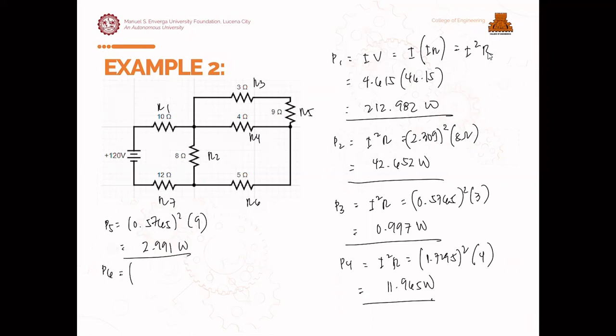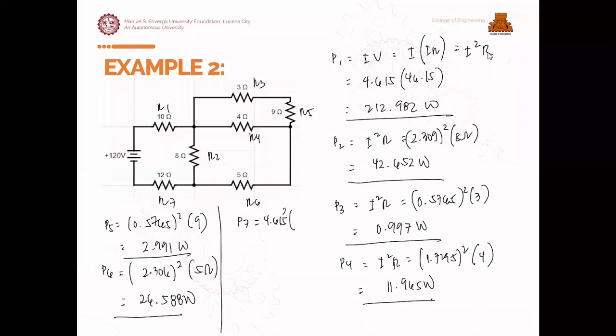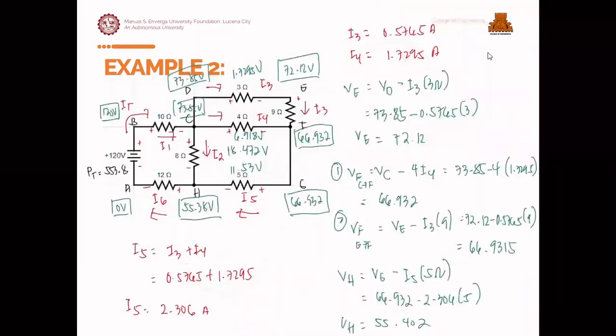P6 will be yung 0.5765 plus yung sa R4. So 2.306 squared times 5 ohms. We have 26.588 watts. Then P7 we have same value ng I1. So 4.615 squared times 12. Okay. Tama ba? 4.615.